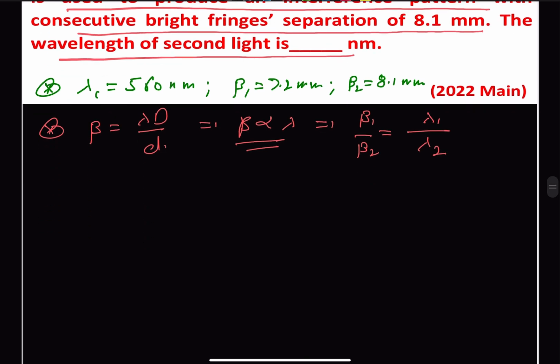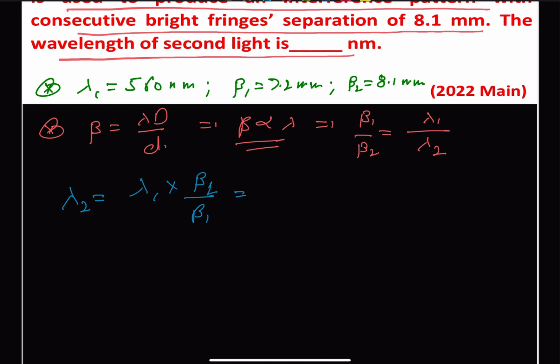We simply substitute the values, and we get lambda 2 will be equal to lambda 1 multiplied by beta 2 divided by beta 1.